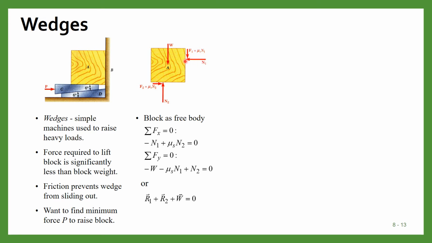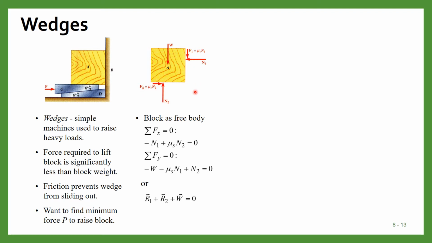And also we have one normal force. Similarly, we have a normal force at this horizontal surface, plus this block will try to move in this direction, so the frictional force will be opposite. So another friction force will be F2 equals mu s N2.